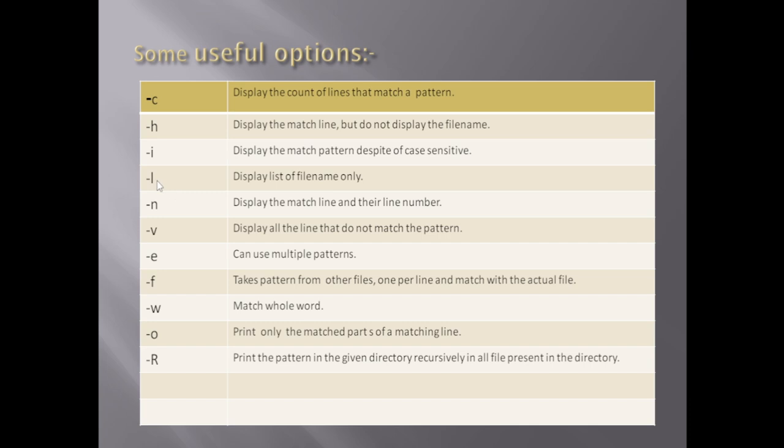Next option is -l. -l displays the list of file names only. That means it will search all the files in the directory and give the output of all those file names where the pattern exists.